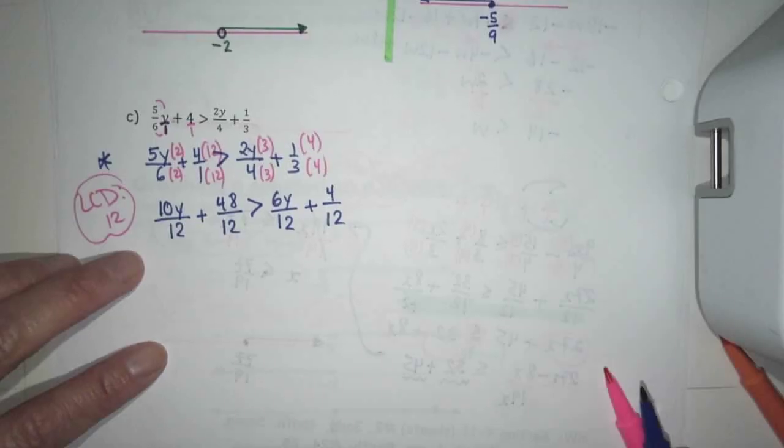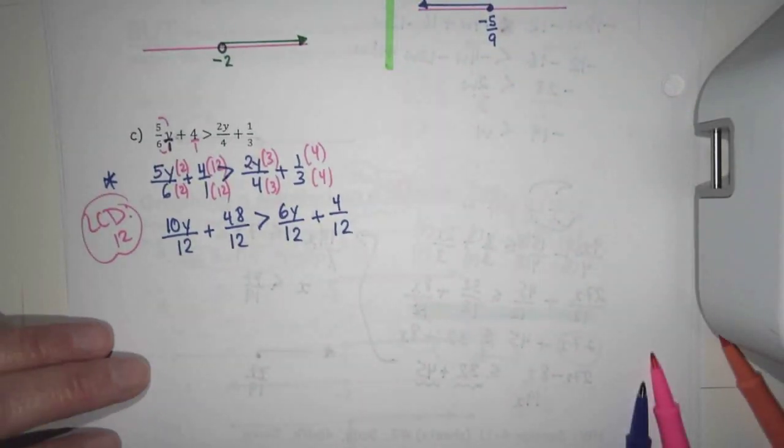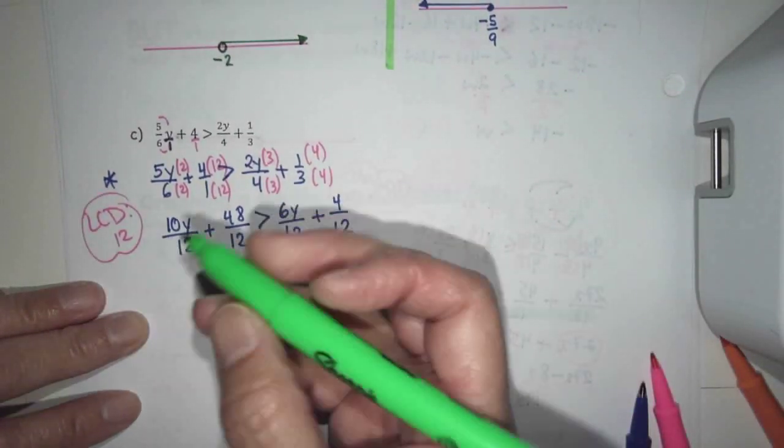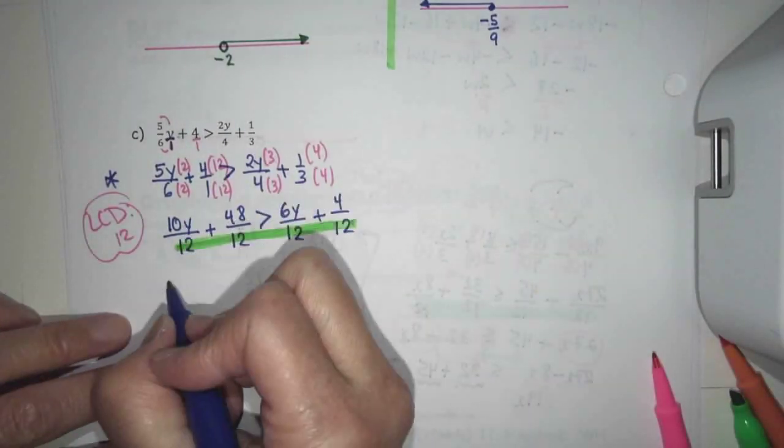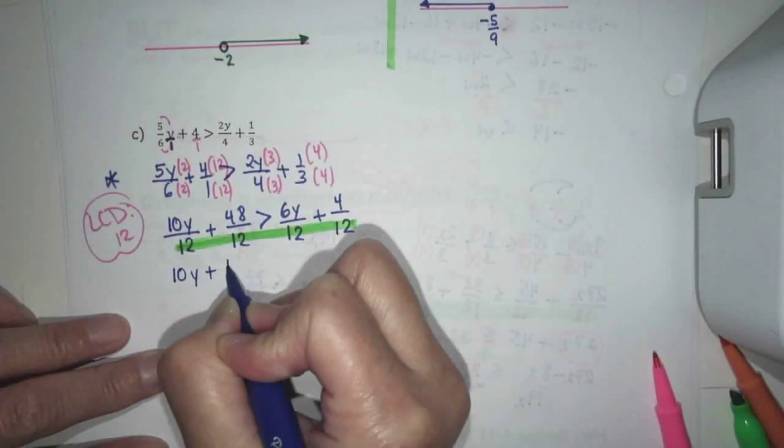And there we go. So once they're all the same, we dump the bottoms, dump the denominators, and rewrite it.